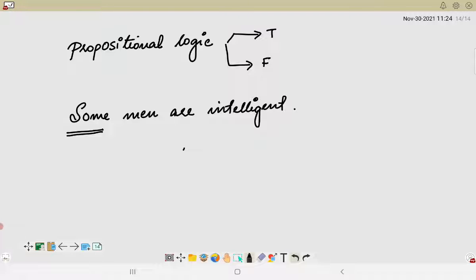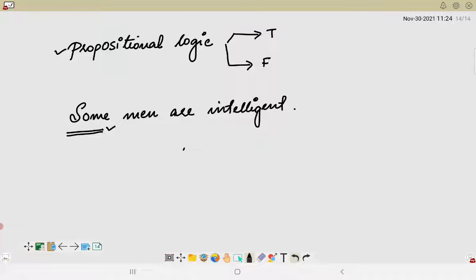We can represent simple atomic sentences like "the sun rises from the east." This is a universal fact, right? Those things can be represented using propositional logic, but factors like "for some" or "for all," or a very particular person, like "Sachin likes cricket," cannot be represented using propositional logic.